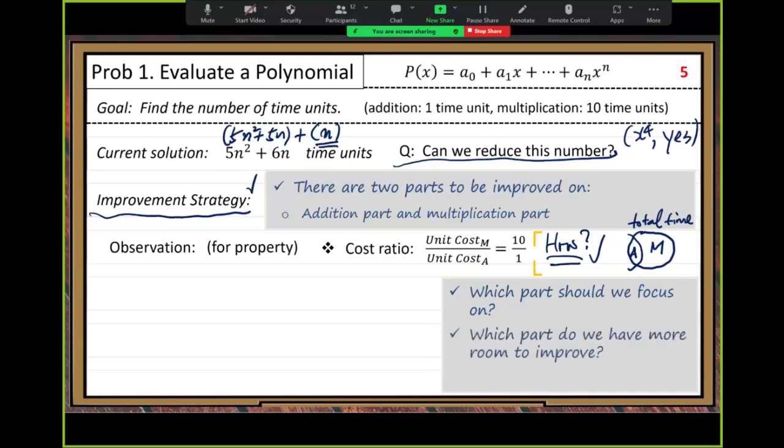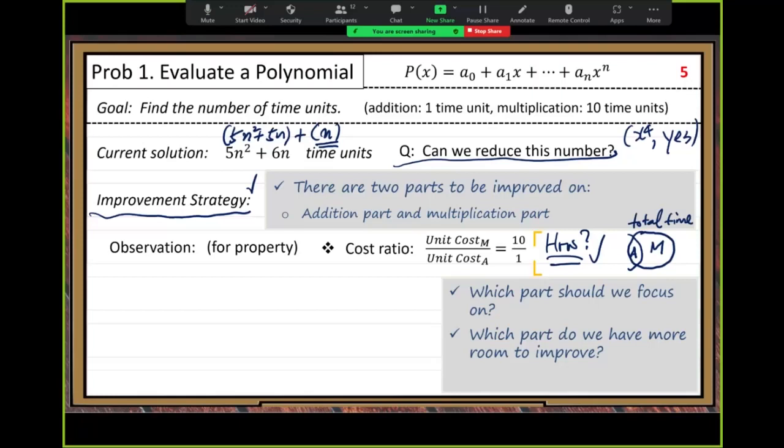So which part do we have more room to improve? Think about it: if the addition part is a very tiny portion of the total execution time, you do not have much room to improve it. For multiplication, you have a huge, big portion.